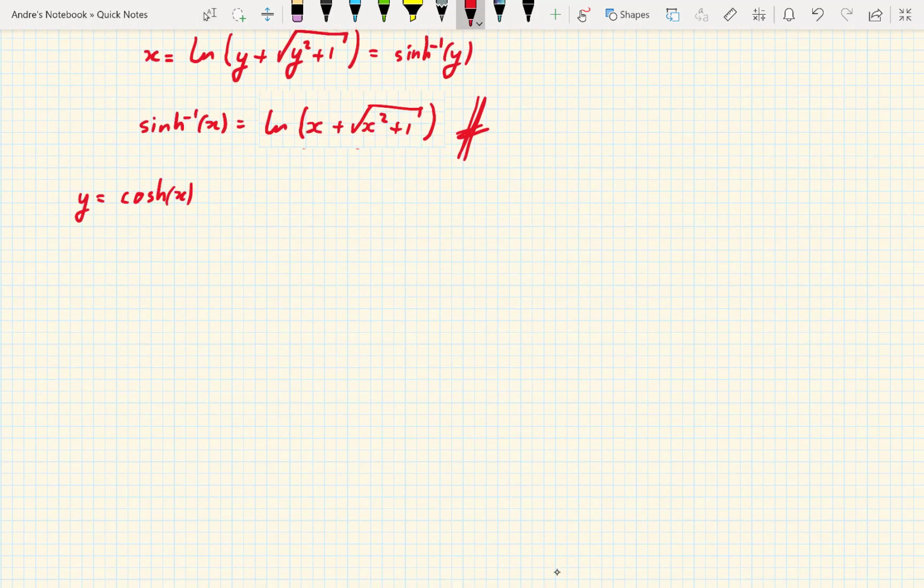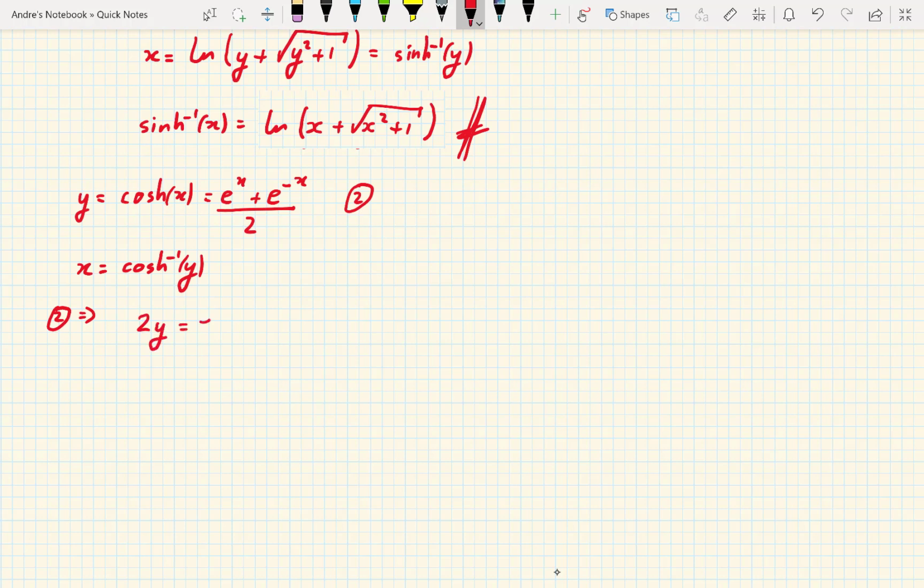If y equals cosh x, which is equal to e to the x plus e to the minus x all on 2, then x is the inverse cosh of y. So our objective is to rearrange equation 2 to make x the subject. Multiplying by 2 and then by e to the x and rearranging gives 0 equals e to the 2x minus 2y e to the x plus 1.